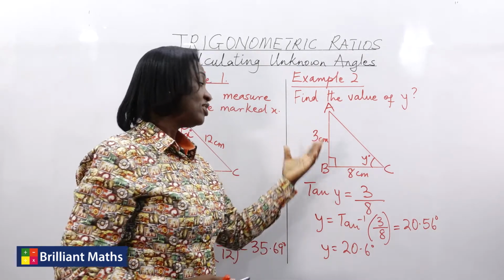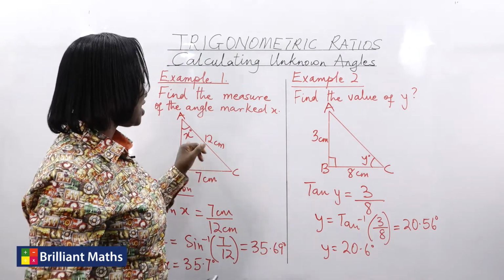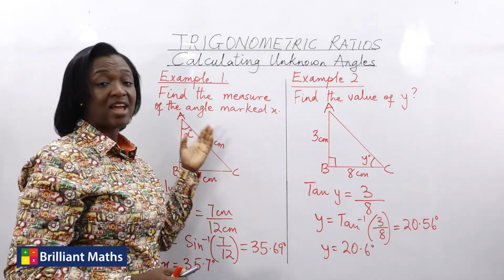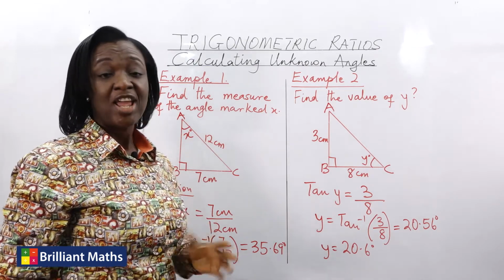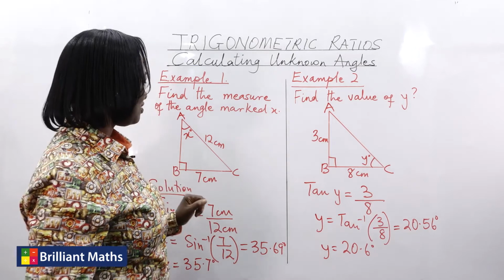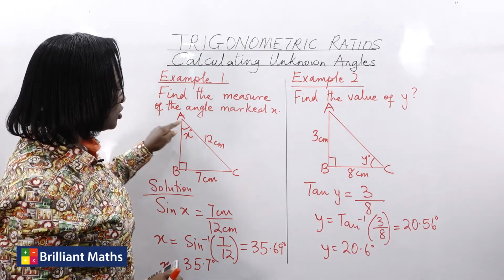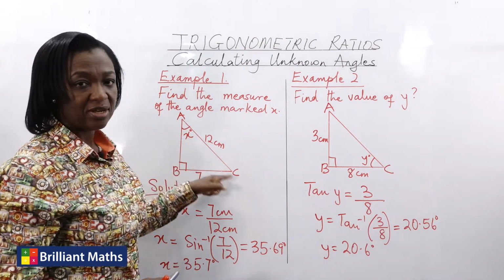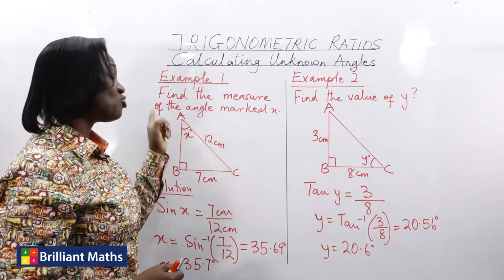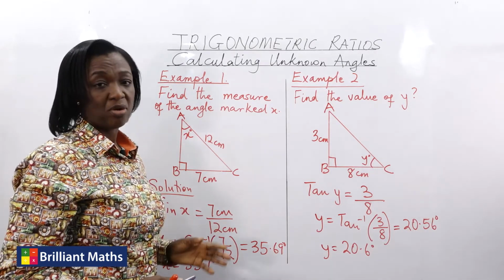In finding the unknown angle, you would either be finding the sine inverse, the cosine inverse, or the tan inverse, depending on the relationship between the angle you're finding and the sides that you have been given. It will all be left to you to decide. But make sure that you are able to determine your hypotenuse, because if you get the hypotenuse wrong, then your answers will most likely be wrong.